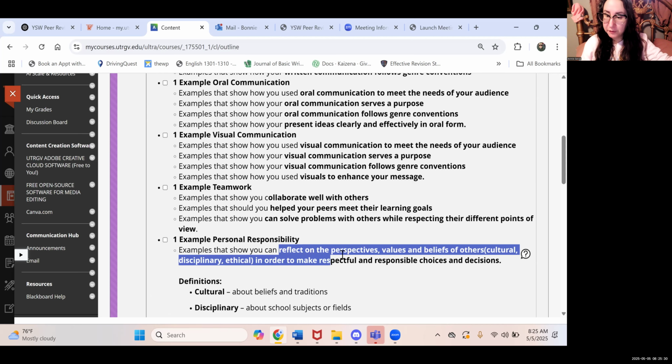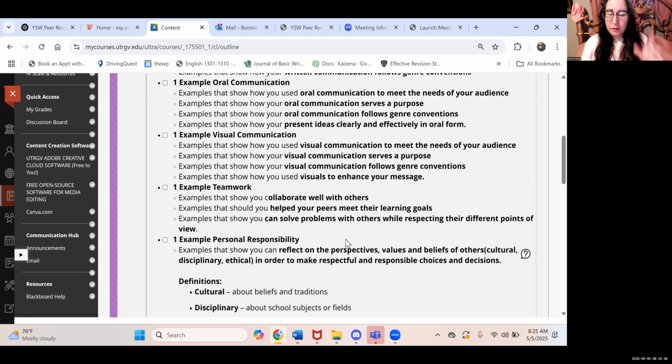To look at other people's cultural backgrounds, their fields, their beliefs of right and wrong, in order for you to make respectful choices and decisions. So we look at what other people do, and as we compare and contrast it to our ideas, we then make choices. Based on everybody else, I can make choices that I think are responsible and respectful of other people.